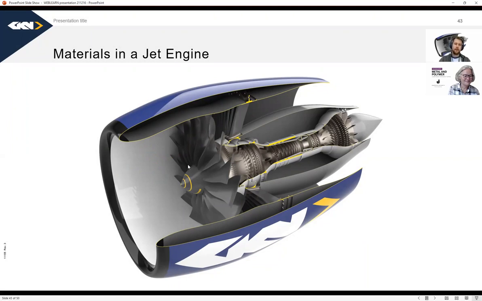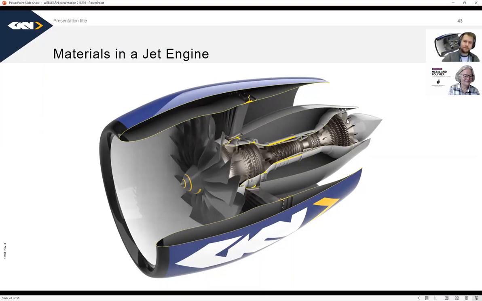When we describe how a jet engine works, we can simplify it with four words. We first suck the air in with the fan, then we squeeze the air in the compressor stages, then we bang the air in the combustor, and then we blow it through the turbine. So: suck, squeeze, bang, blow.